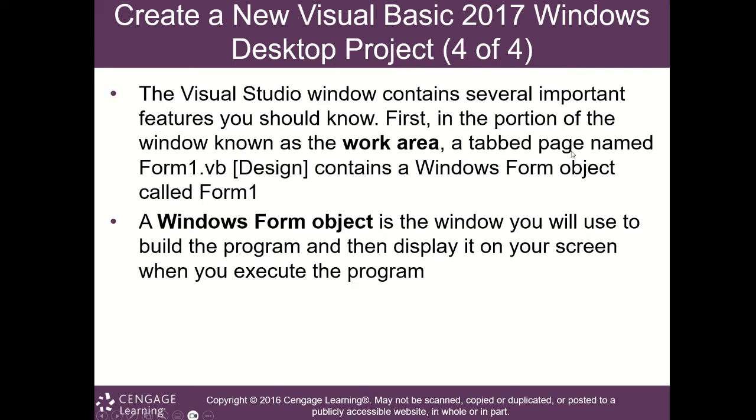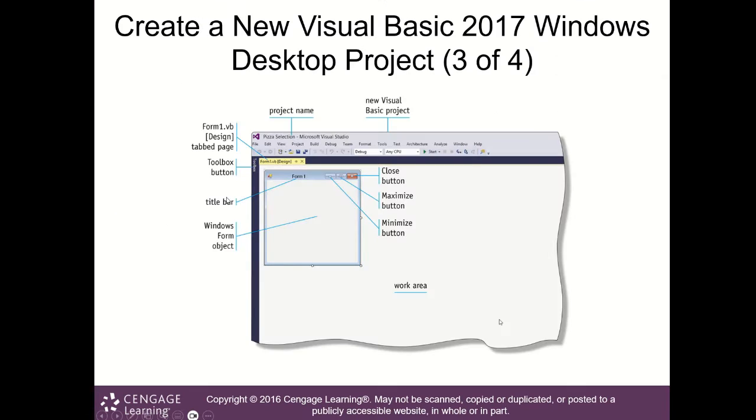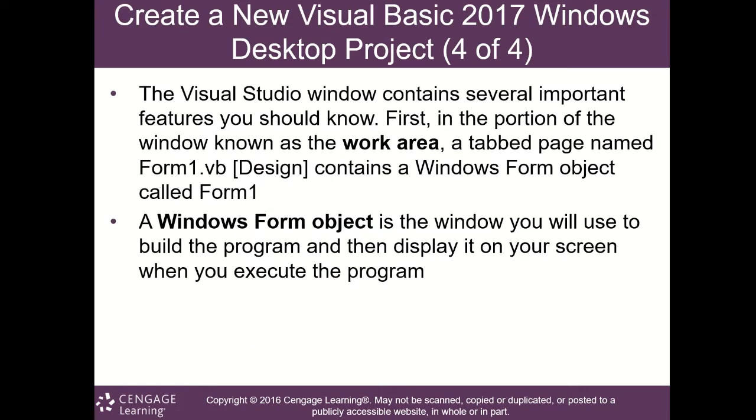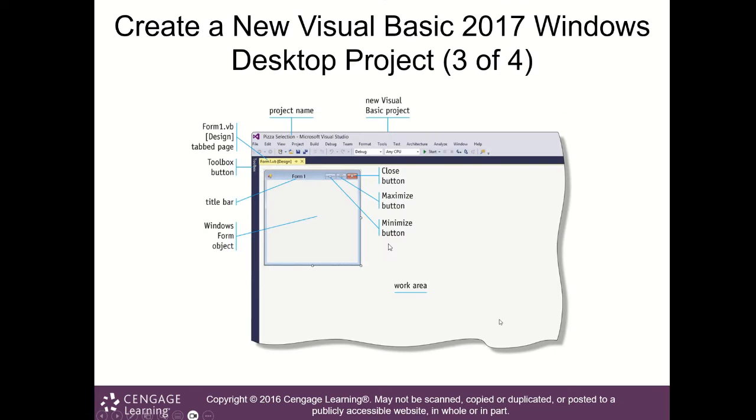This is a tabbed page named form1.vb design. This contains a Windows form object called form1. This form1 is the default name whenever you create a Windows form project. A Windows form object is the window you will use to build the program.